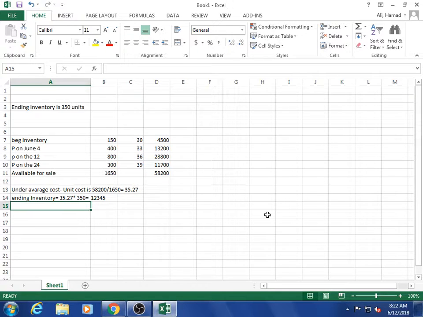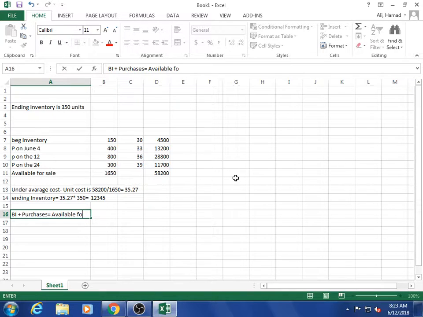Beginning inventory is 4,500, plus purchases equals available for sale, which is 58,200. You don't have to add it again.